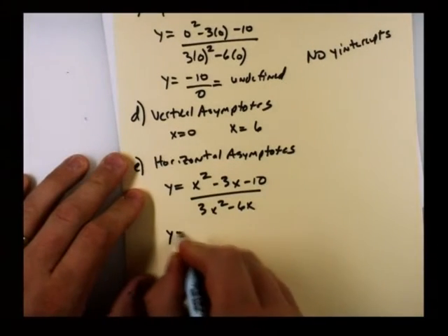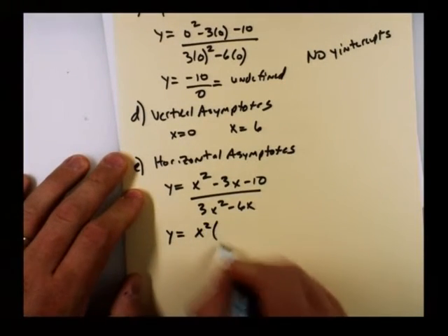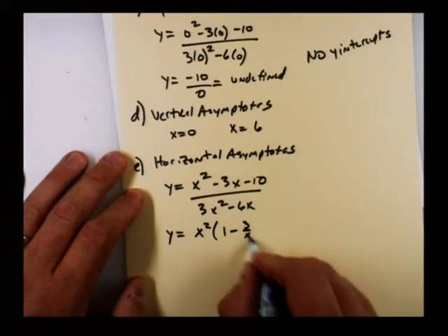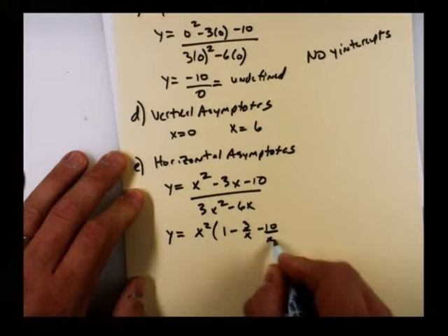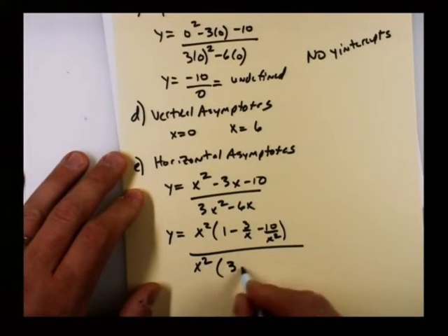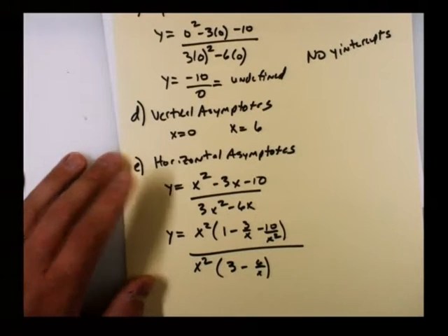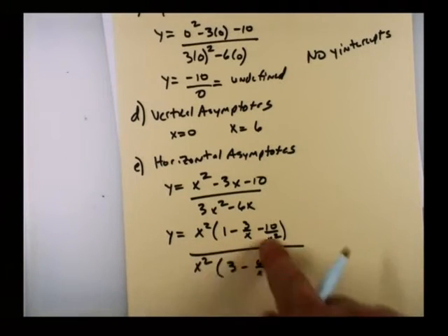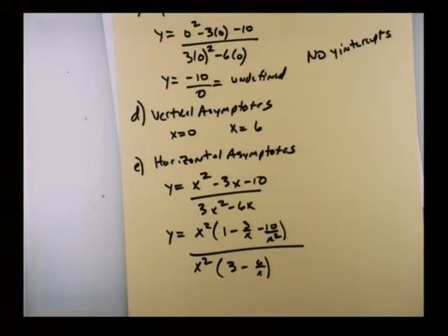Let's factor out x squared, both the top and the bottom. Again, if you want to verify, if your life depends on it, multiply that x squared out. Should get your original function back.